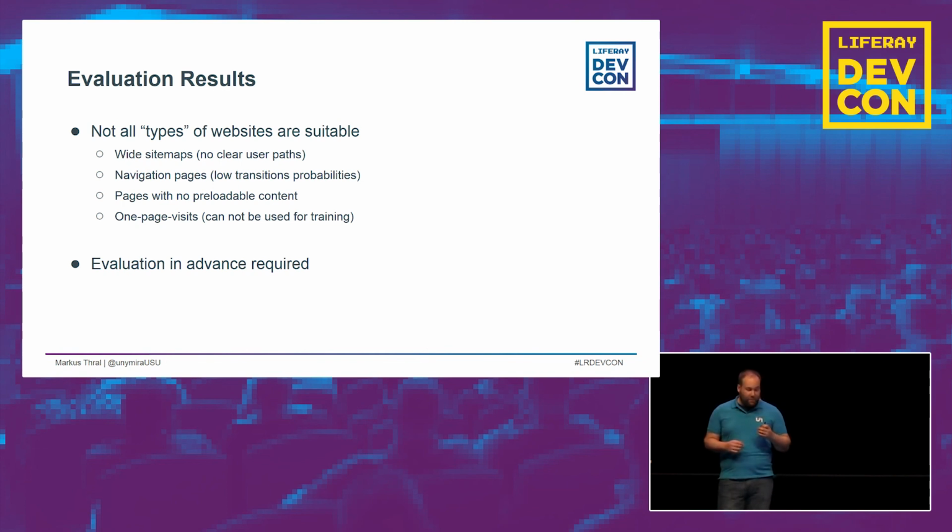And also, if you have a lot of one-page visitors, for example people searching something in Google, going to your site, viewing the content and leaving immediately, there is no navigation step which could be used for training. That means you have to evaluate the website before you use the preloading function.